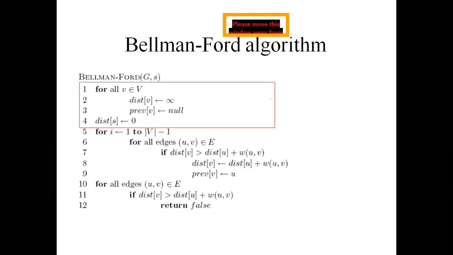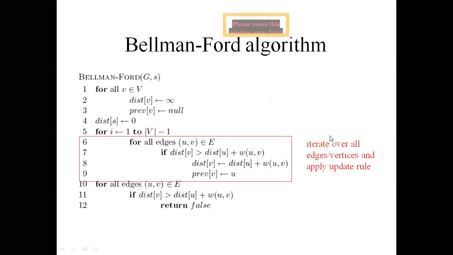So this is the Bellman-Ford algorithm. In this algorithm, we initialize the source vertex, initializing the vertices' values with infinity and the previous vertex value as null. So this is initializing all the distances. Now we are iterating over all edges and vertices and applying the update rule.